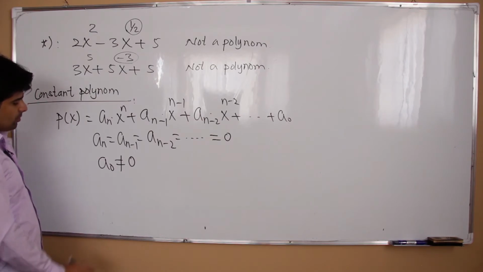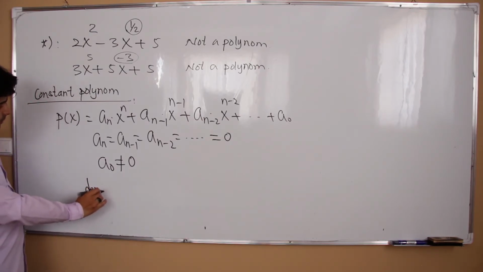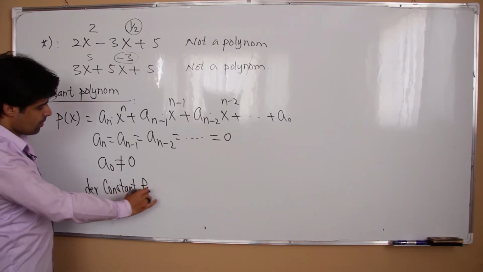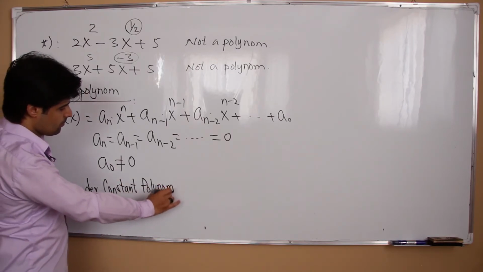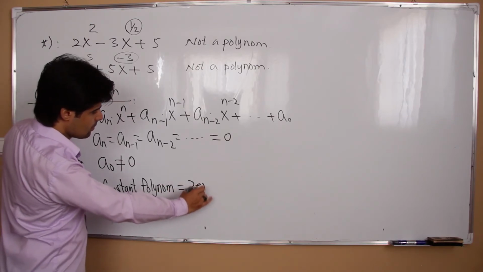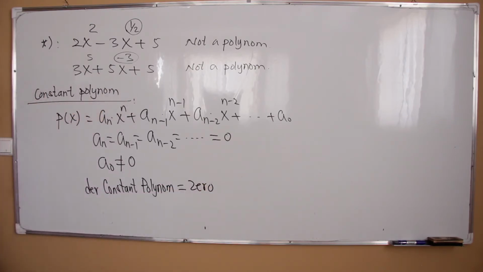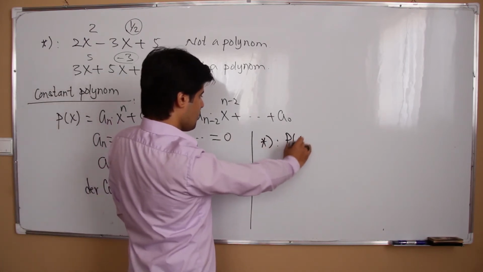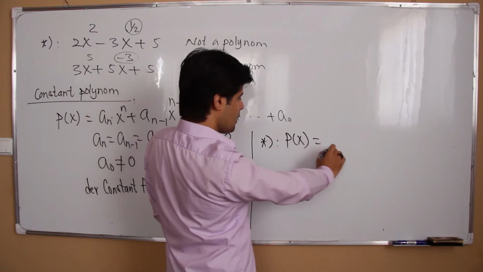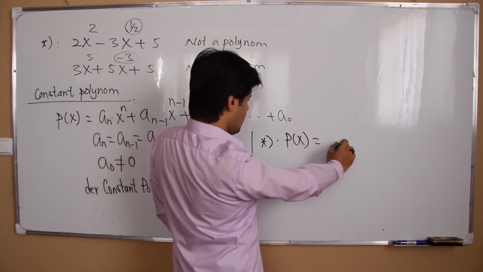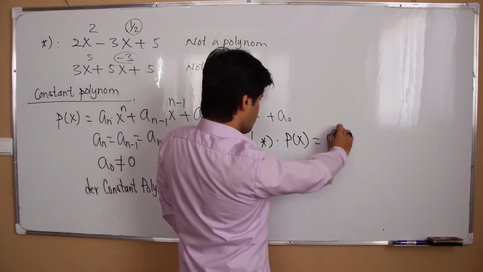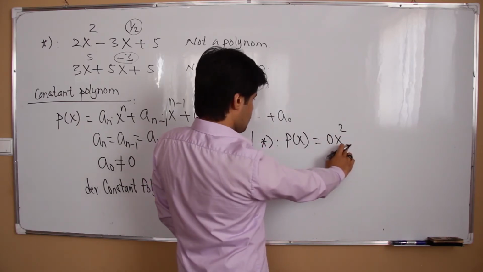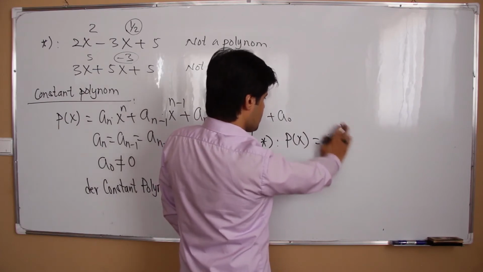For a constant polynomial, we can say the degree is always 0. For example, we can have a constant polynomial like 0x to the power 2, or we can say 4.